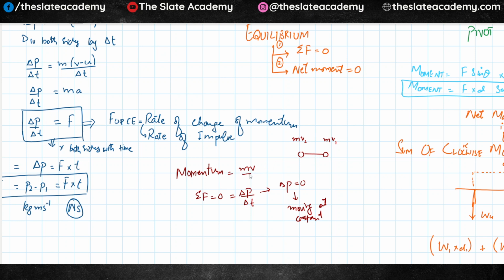So despite having momentum, can it still be in equilibrium? Yes. Why? Because change in momentum should be zero. So the body can have momentum, but the momentum should remain constant. As long as momentum is constant, delta P would be zero, which means rate of change of momentum would be zero, which means net force on the body would be zero.